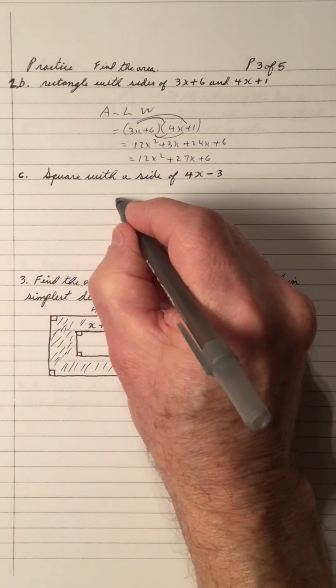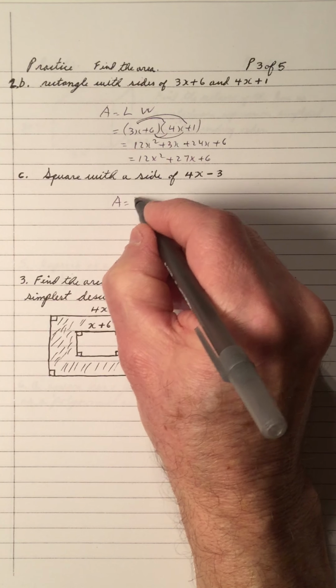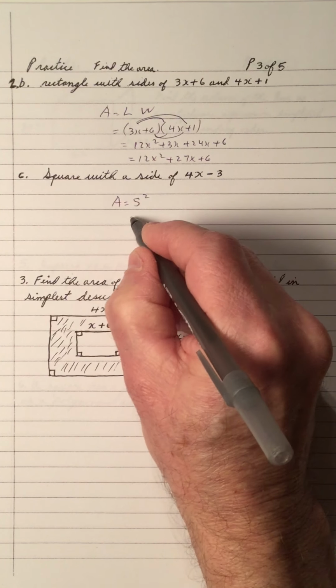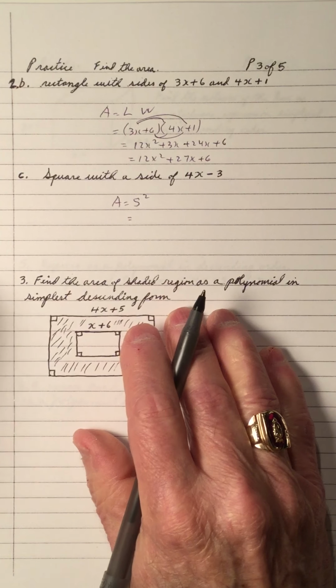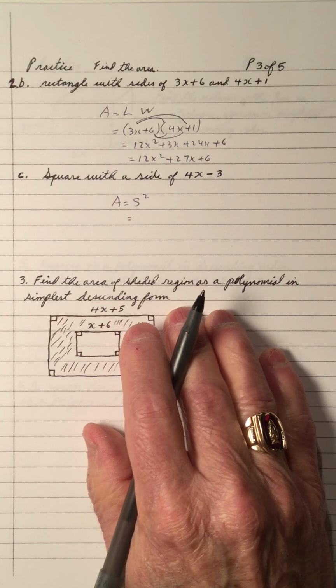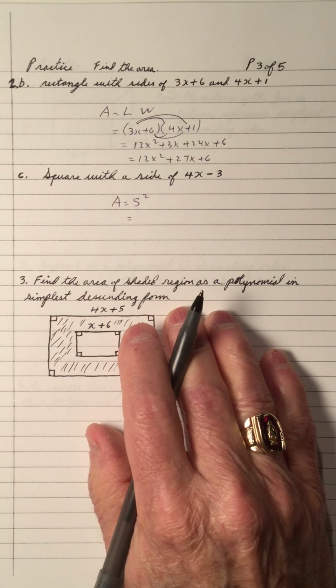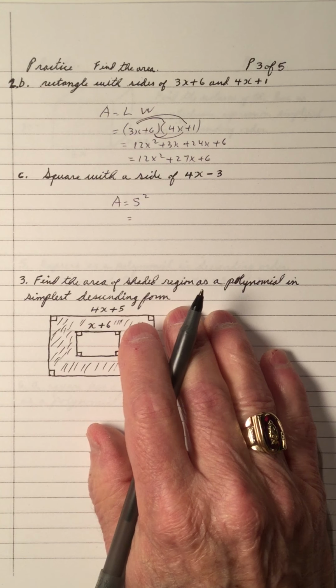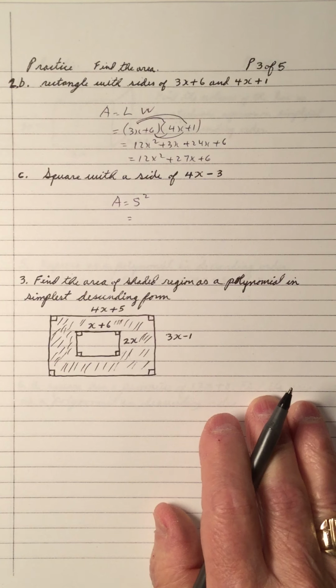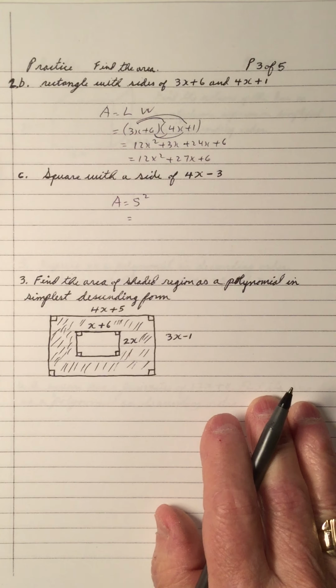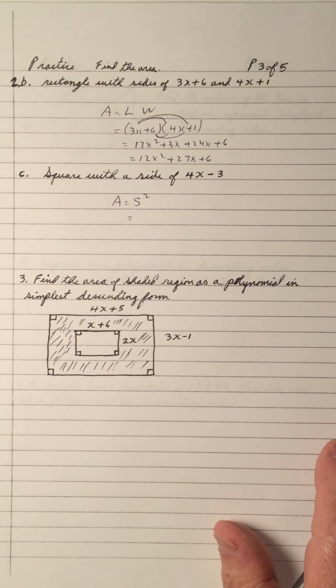A square. The area of a square, the formula is s squared. Remember I did it, there's a whole unit. I do one on perimeter, one on area, one on surface area, and one on volume. Many videos on those exercises are done beforehand.